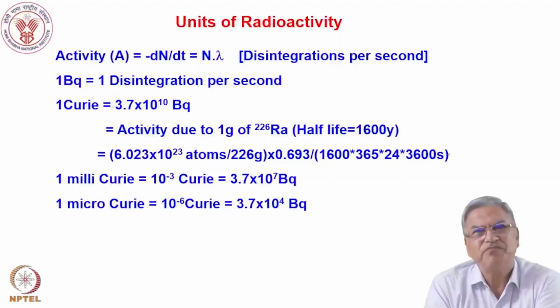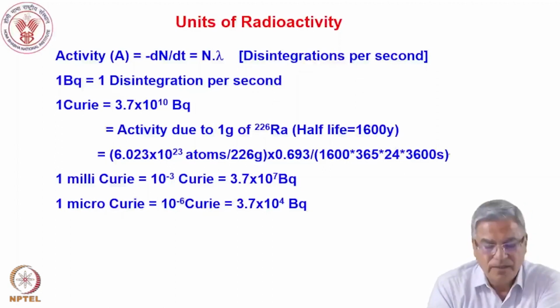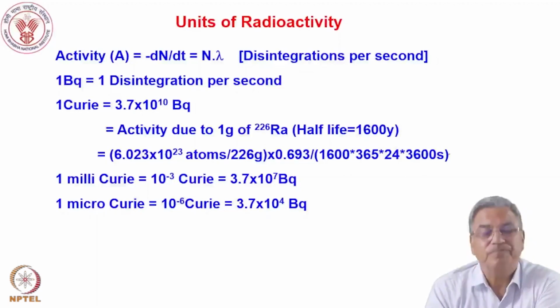So the Curie is a very, very large unit. You can see that 1 gram of radium-226 is very difficult to handle. So normally we don't handle Curie level of activity. We handle, in fact, even less than microcurie level of activity. So there are other units called millicurie, 10 power minus 3 Curie, 3.7 times 10 power 7 becquerels, and microcurie, 10 power minus 6 Curie, 3.7 times 10 power 4 becquerels.